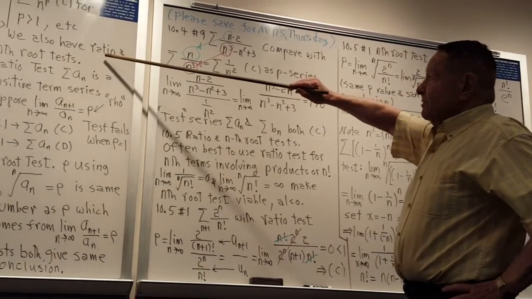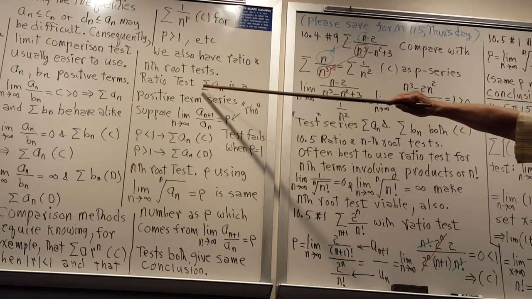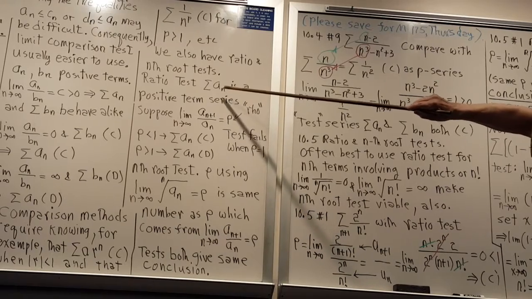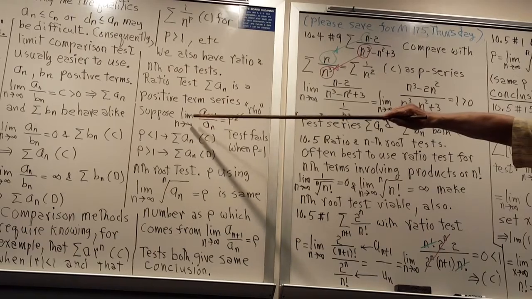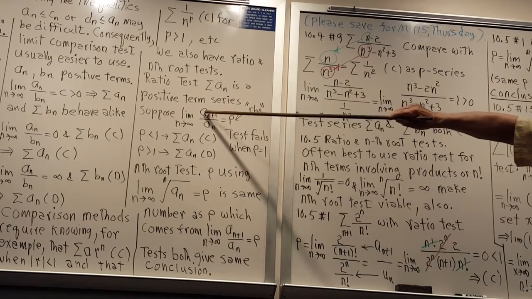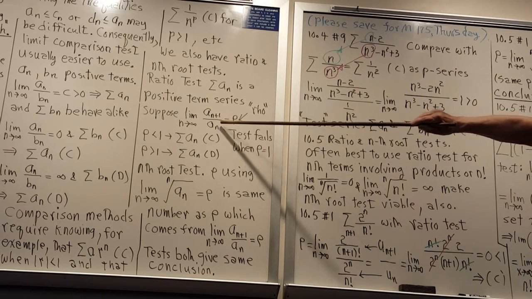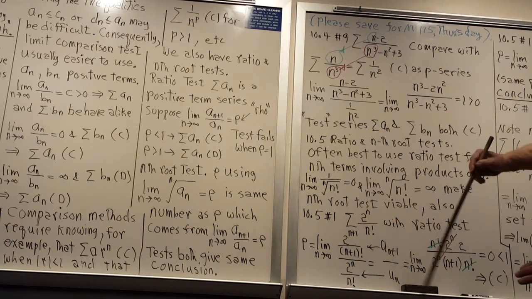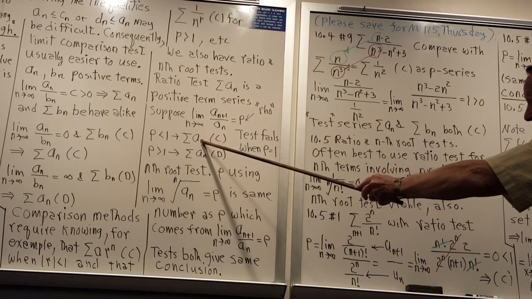And then we also have the ratio and nth root tests. So the ratio test, we assume that the an is a positive term series and take the limiting ratio of the n plus first term over the nth term. And suppose that comes out to be Greek letter rho. That's what the book uses. If rho is less than 1, you have convergence.